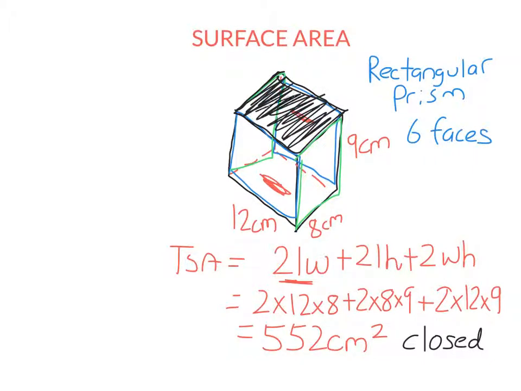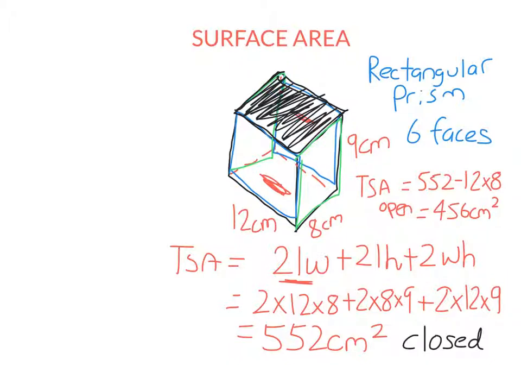If it was open, I'll call that total surface area of open, it would be the same 552, but we would have to subtract the top, which is 12 by 8. So we'd end up with 456 centimeters squared. When you're finding the surface area of a 3D shape, it's very important that you make sure you know whether it is closed or open, because that will change the answer.